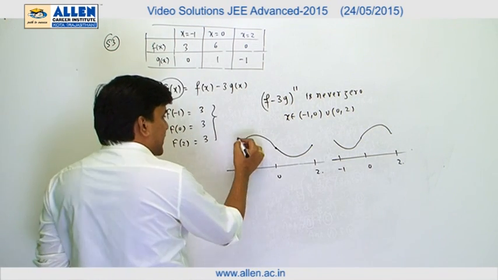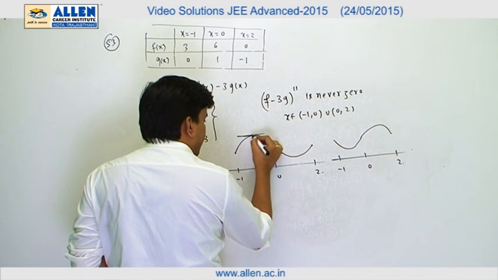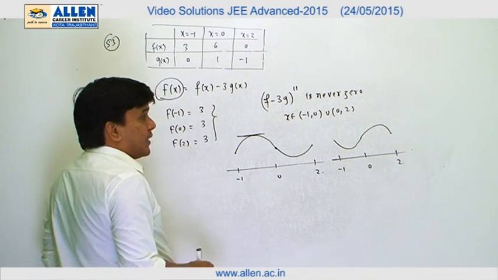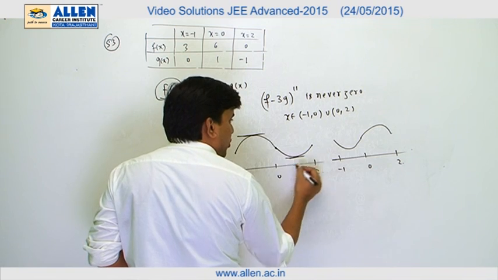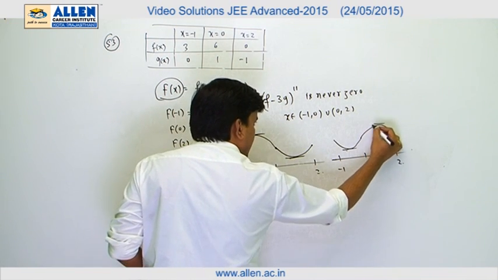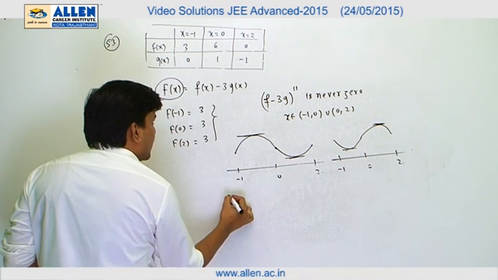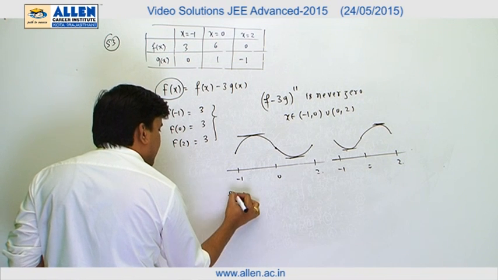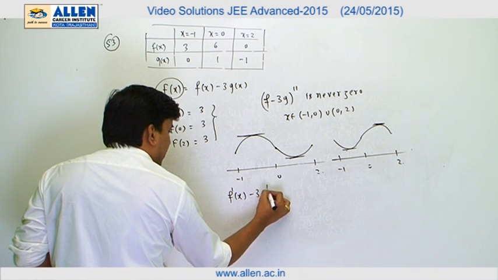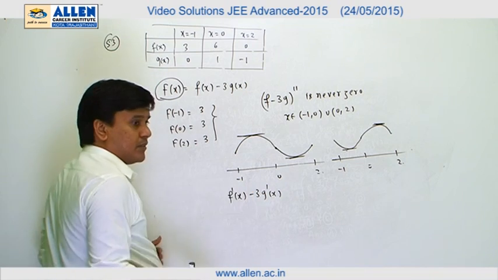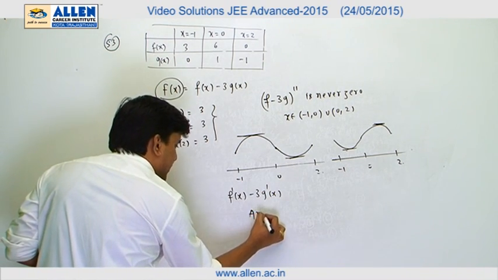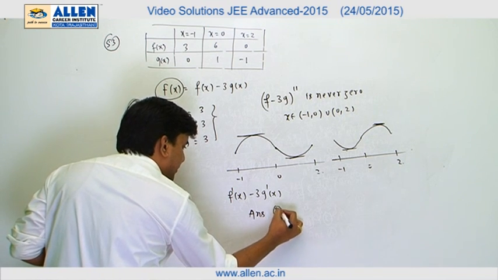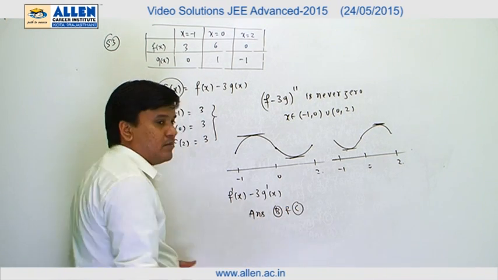In both the cases, we can see there is exactly one x in this interval where capital F dash x vanishes, and in this case 0 to 2. Similarly here also. So we can see the function F dash x, that is f dash x minus 3 g dash x, will vanish exactly one time in -1 to 0 and 0 to 2, and hence the correct answers for this question will be B and C.